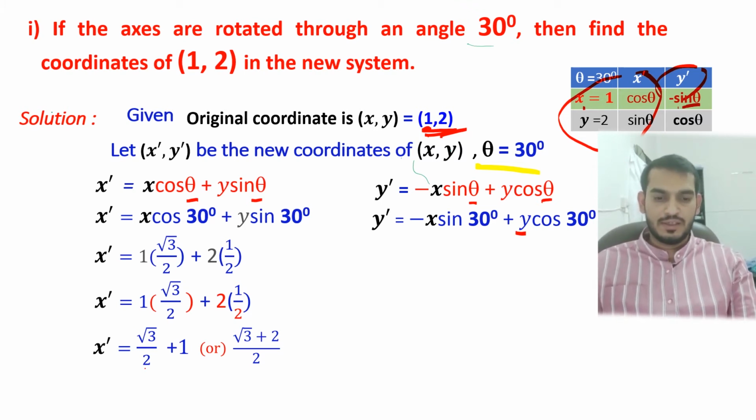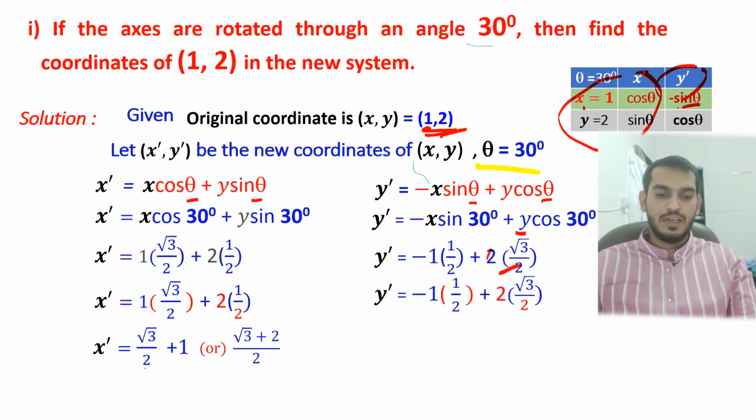So y dash is equal to minus 1 into 1 by 2 plus 2 into root 3 by 2. So we can write this as minus 1 by 2 plus root 3, or minus 1 plus 2 root 3 by 2.